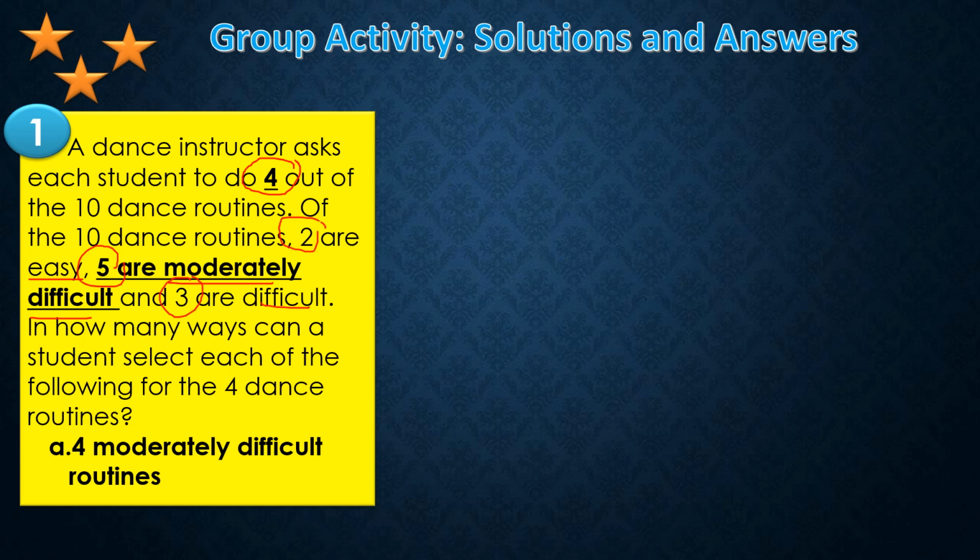So the question is, in how many ways can a student select each of the following for the 4 dance routines? A: 4 moderately difficult routines is what we need to get. Again, the given in our letter A is that our choices are 5, and we only take 4.